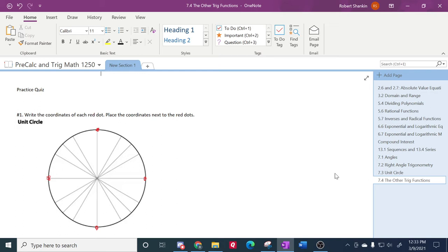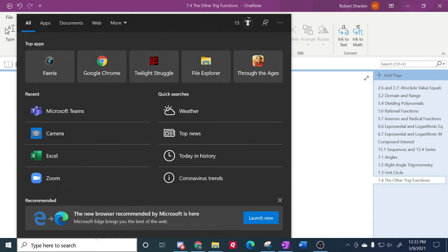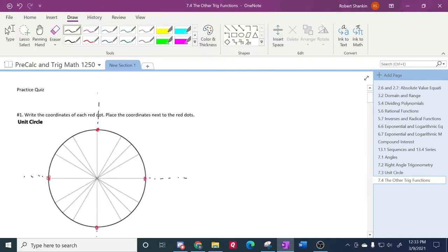Take 30 seconds more. So if this is the x-axis, this is the y-axis, and 1 unit is the radius, then this must be 1, 0.